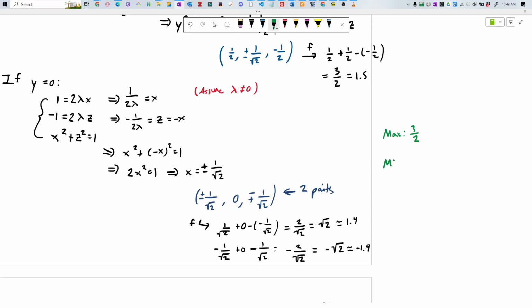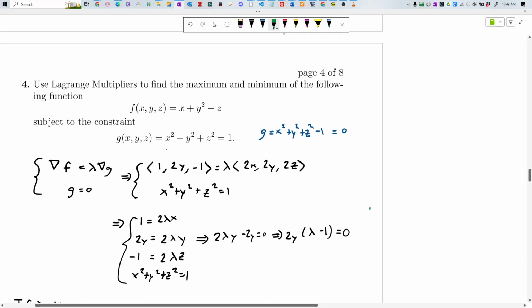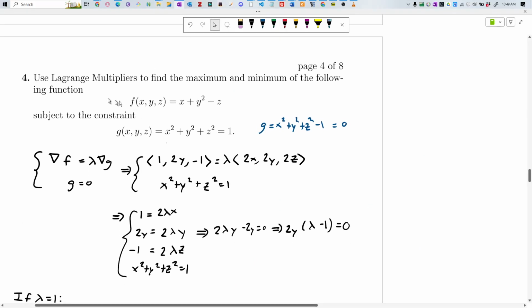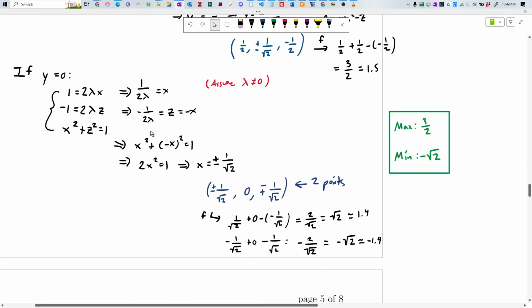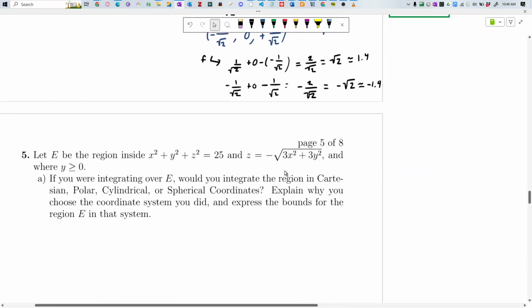And the minimum value is negative root 2, right, the negative 1.4. And so that is the answer to this problem. Yeah, the maximum and minimum of this function subject to this constraint. Okay.